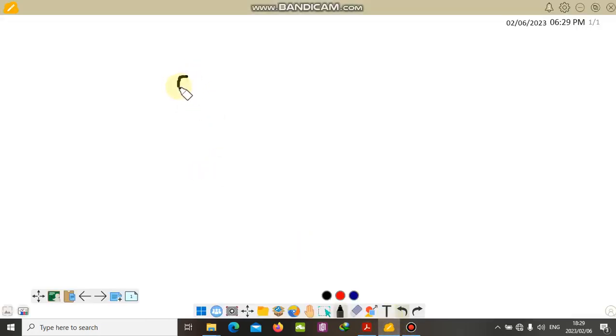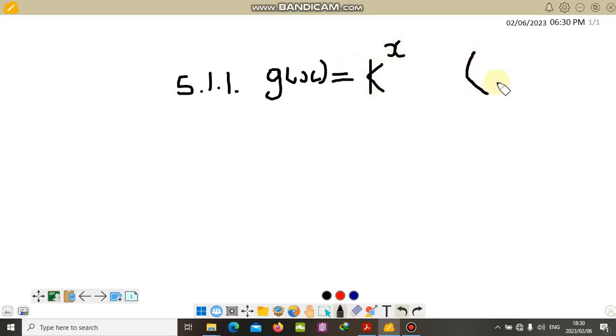So 5.1.1. g of x is equal to k to the power of positive x. We need one point to solve.